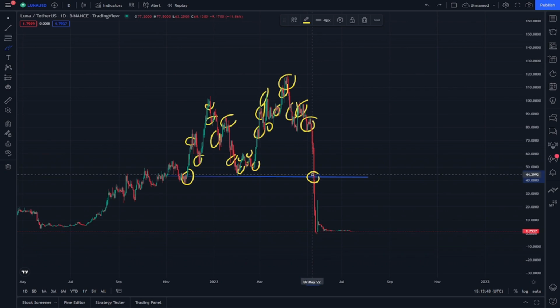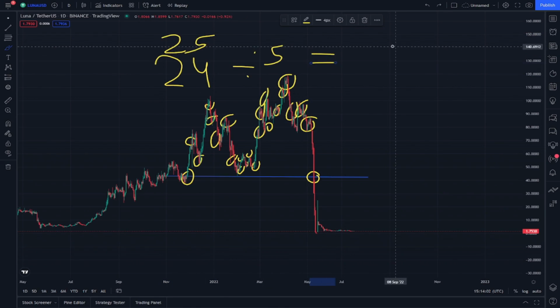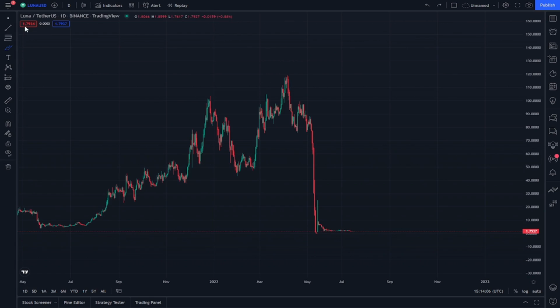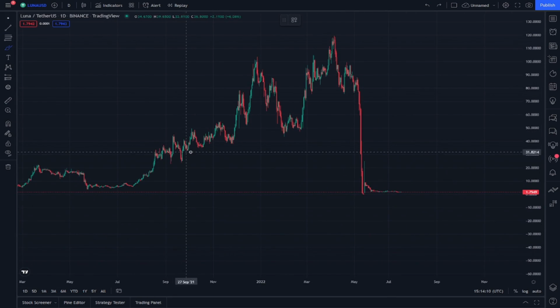So there is one missing because there are 5 waves. If we make 24 divided by 5, it should be 25. It will equal 5 waves. Okay, there is one missing here.